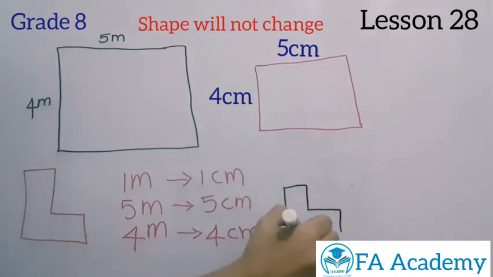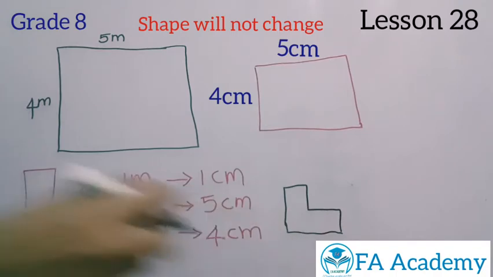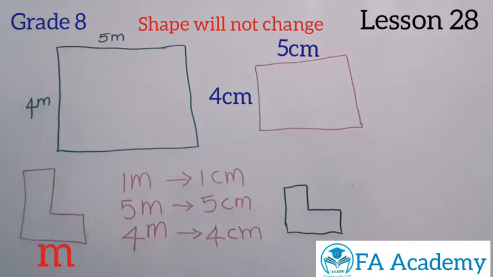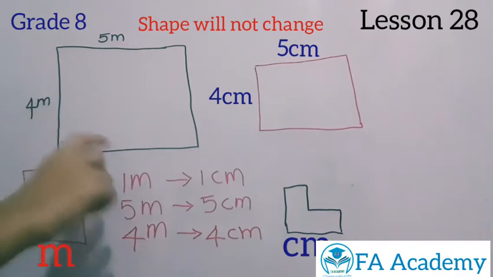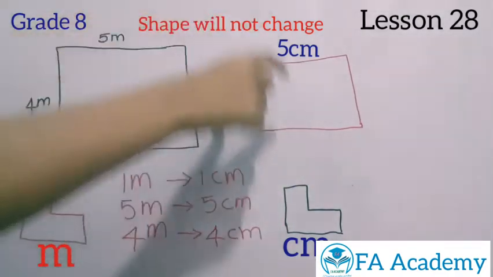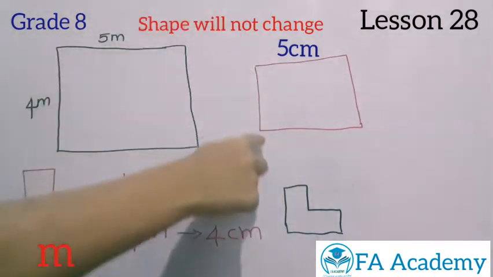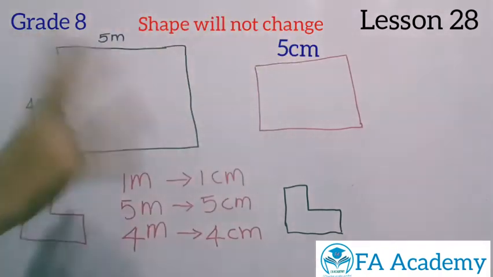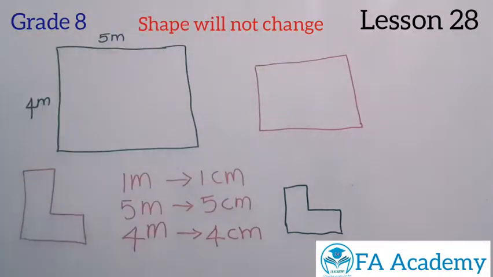That means you can convert meters into centimeters and draw it in your book, but the shape won't change. That is an important point here. If they have given a rectangle, you can't take 5 centimeters here and 4 centimeters there. It should be the same shape.